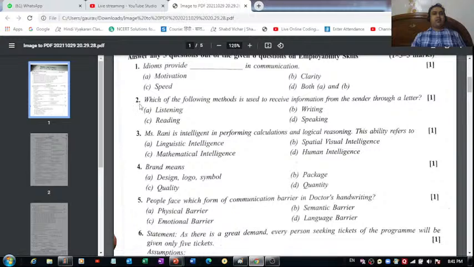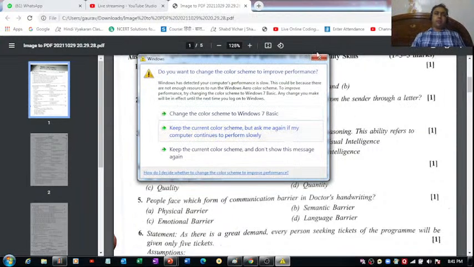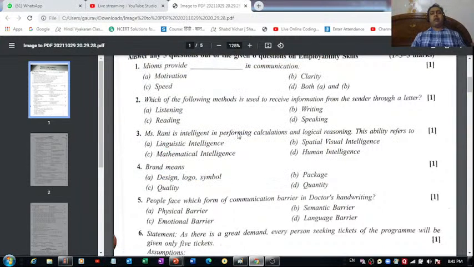Then we have question number 2, which says: which of the following methods is used to receive information from the sender through a letter? Now, here you have to bring into your mind the diagram which is given in your book, in which all the elements of communication have been explained.